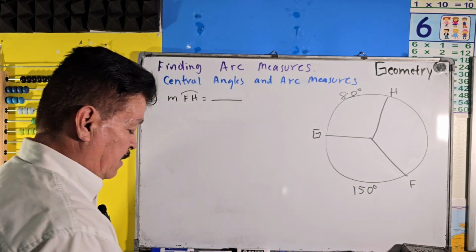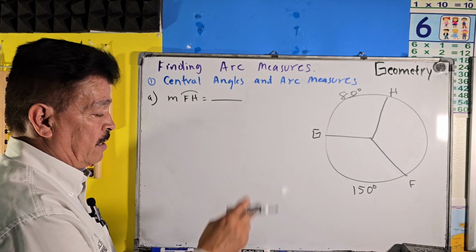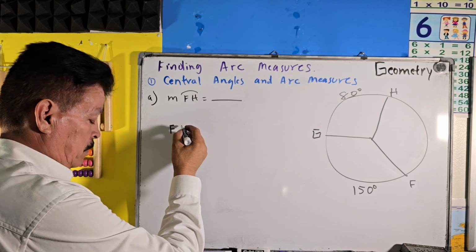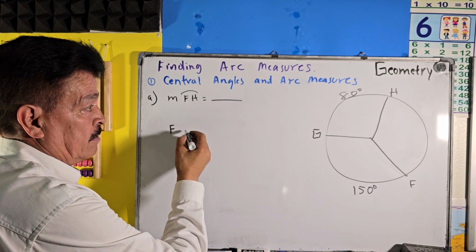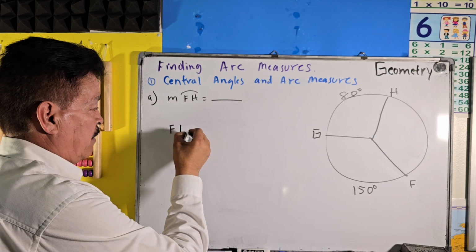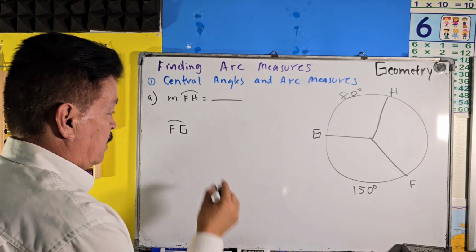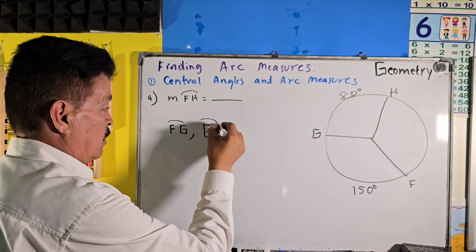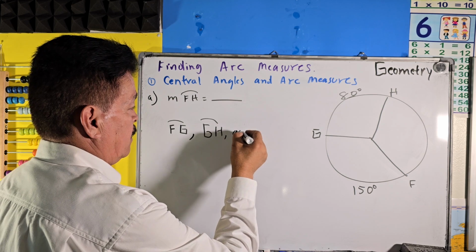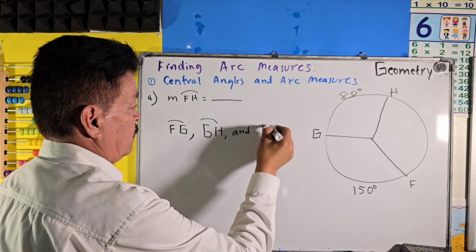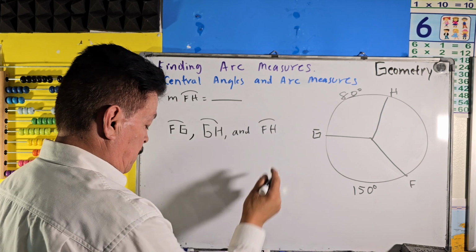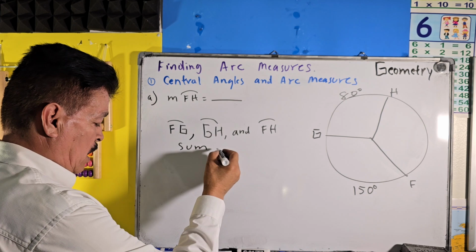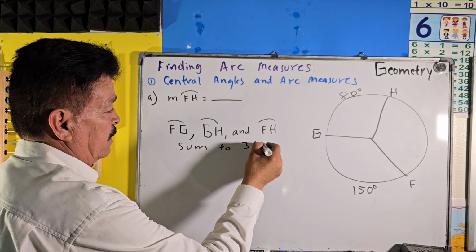Since we know this, we have to write an equation showing that the measure of arc FG, GH, and also FH sum to 360 degrees.